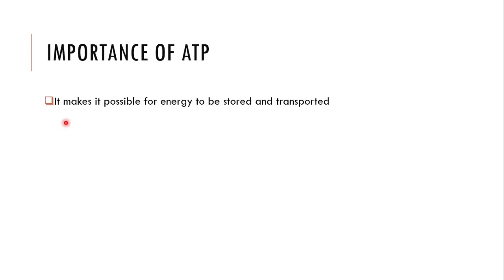So meaning ATP makes it possible for energy to be what? To be stored and transported. Then when energy is now needed, ATP will break down. And then it makes energy available when and where it is needed.